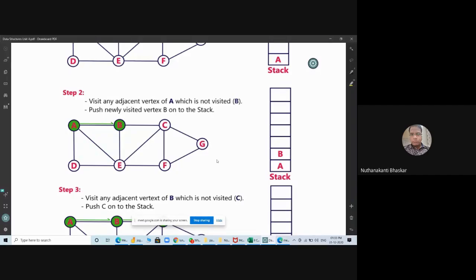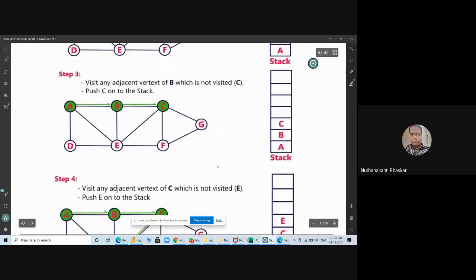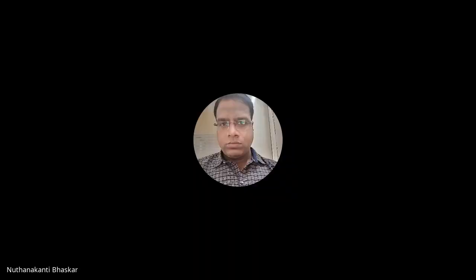Like that, different nodes we take to reach the destination. Maybe the path is going to be different. You shouldn't think all paths are the same. Are you clear? Understand the intention of this traversal.